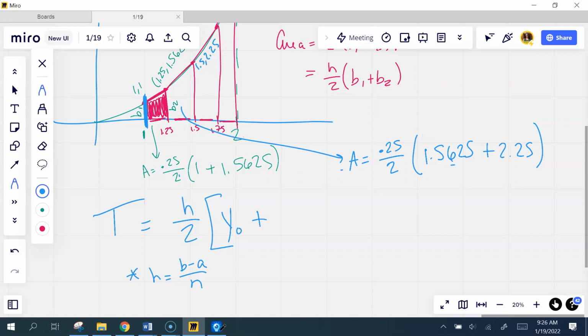I'm going to have 2 of them. So 2Y sub 1 plus 2Y sub 2, and I'm going to keep with this pattern until I get to the very last one. I'm going to call it Y sub n. But I'm only going to need one of those, right? Because the 2 n's I just need one of.